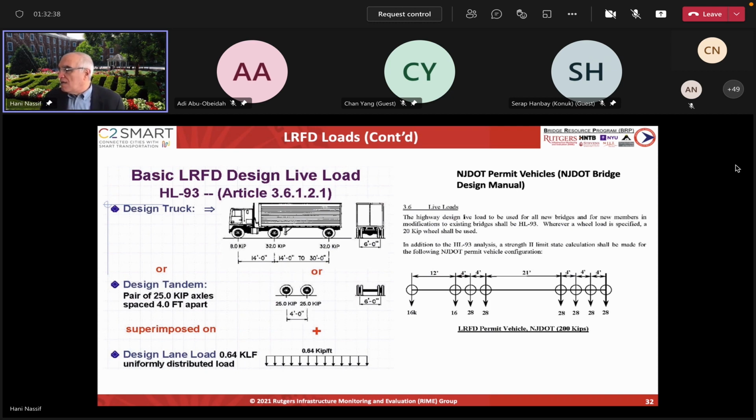I worked on it, I think, at that time with Jose Lopez and the late Jerry Semner. They did this work, and we looked at what Pennsylvania had done at the time. And then this was the New Jersey permit vehicle, which you have to use for the Strength II limit state, and we'll see in the example how that is done.